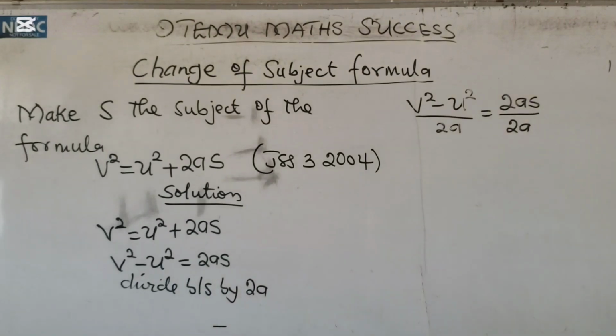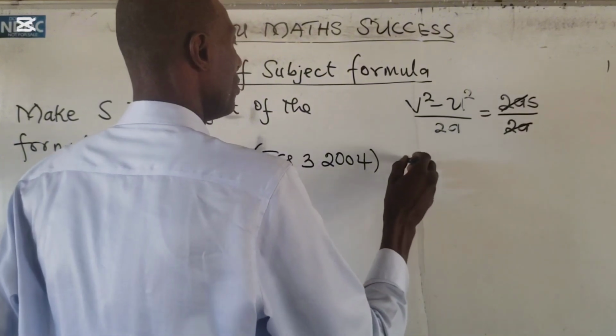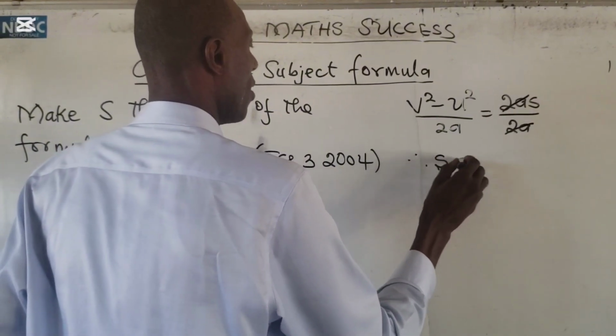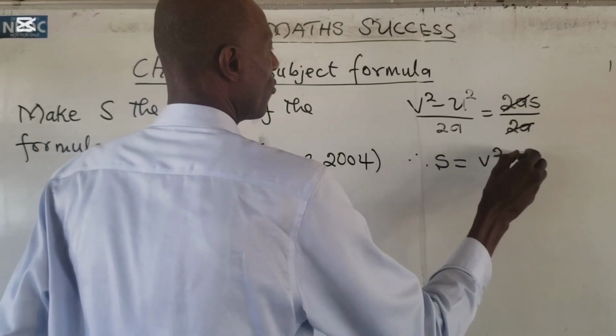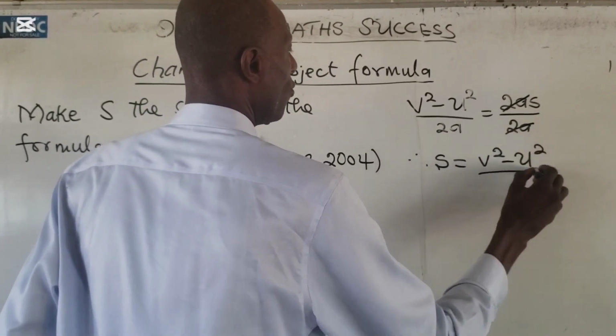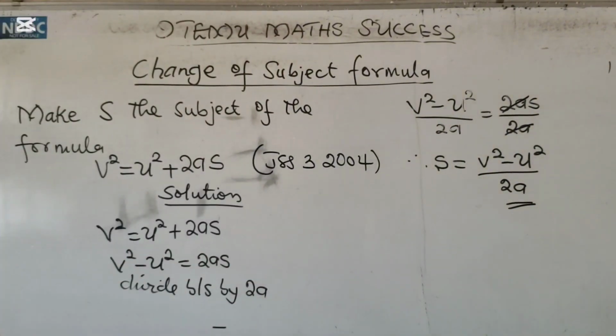Of course, we want to make s the subject of the formula. 2a will cancel 2a. Therefore, s is v squared minus u squared over 2a. That is the subject of the formula.